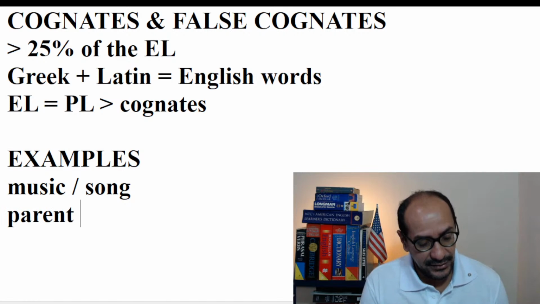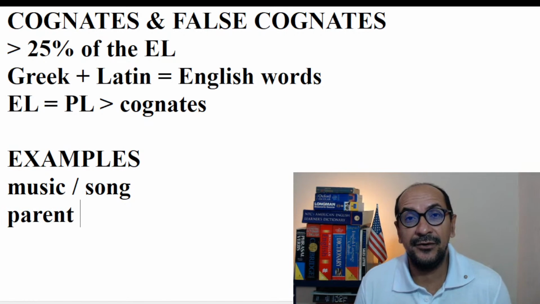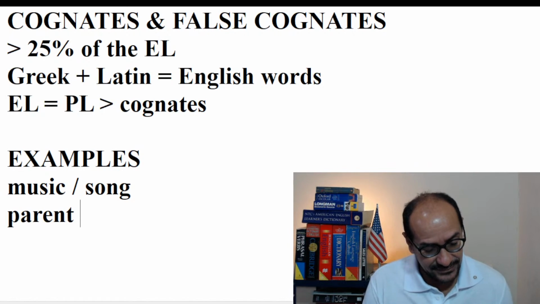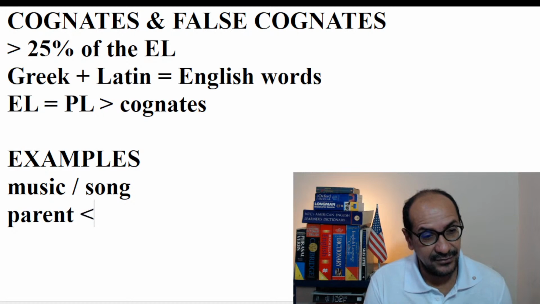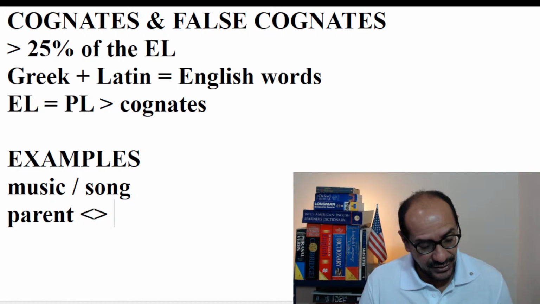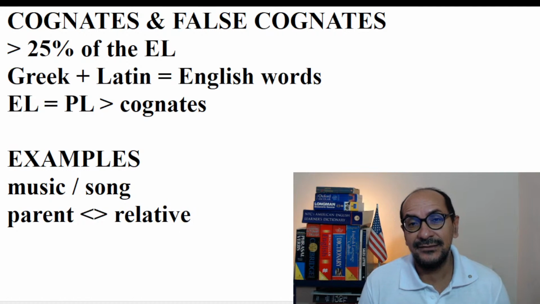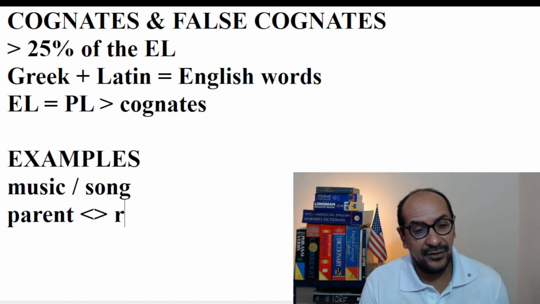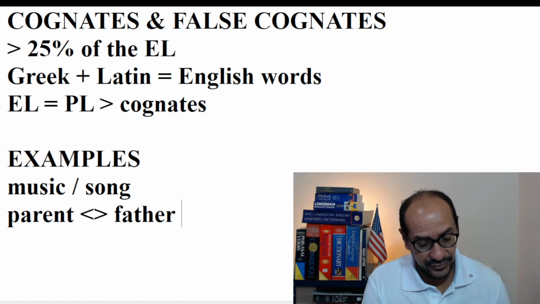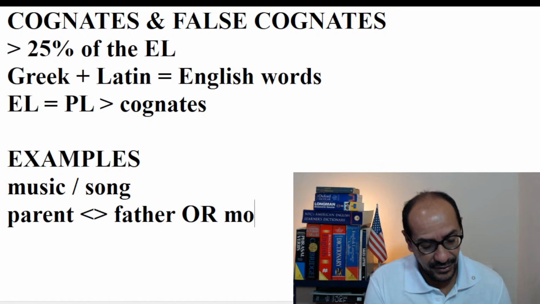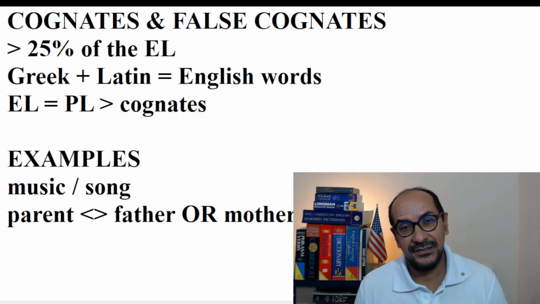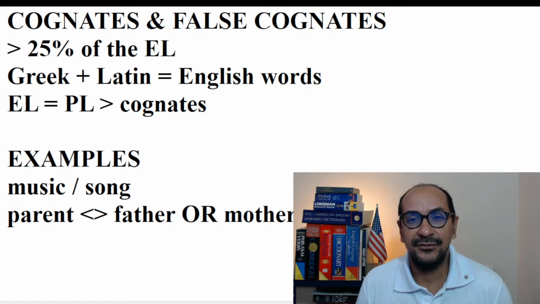Then another one that is traditional is to use the word parent. Well, sometimes we understand parent in Portuguese like the word relative, but it's not relative. When we talk about parent, we're talking about the father or mother. Sometimes you can talk about both, but then you say parents, the father and the mother together.